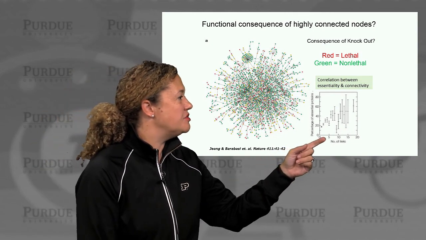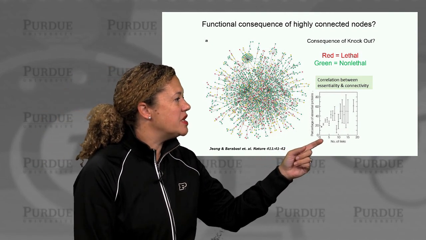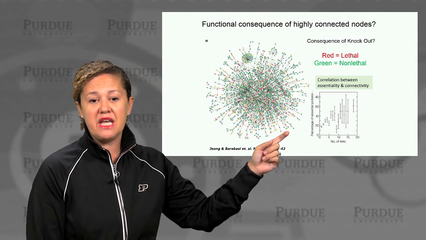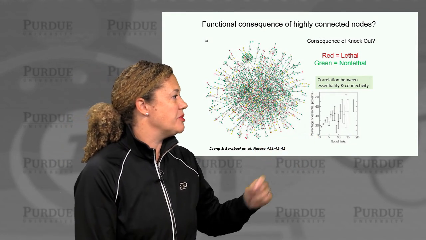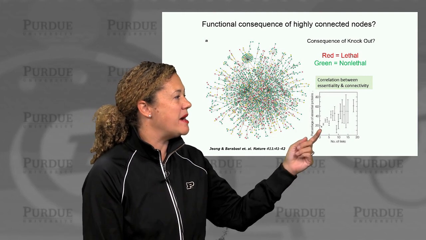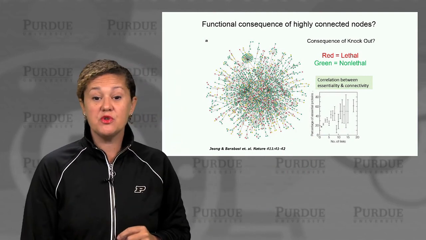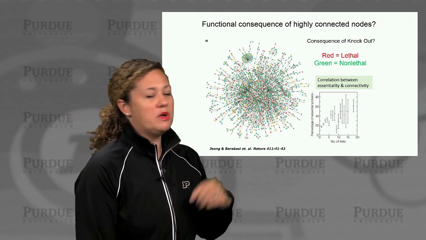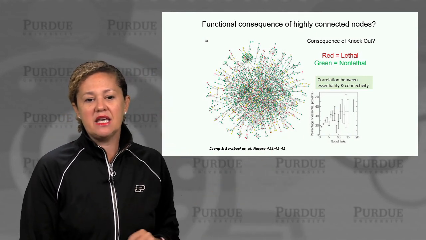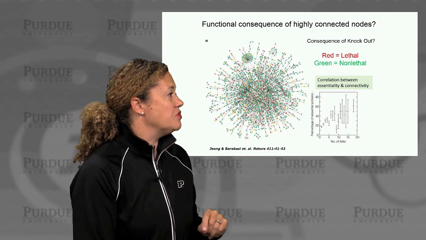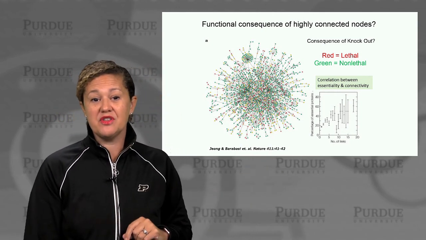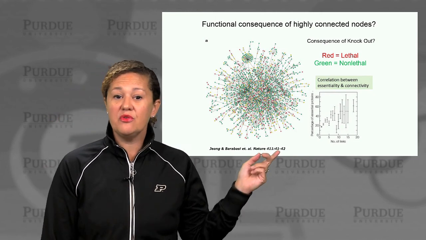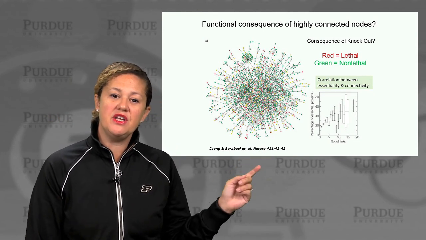As compared to the very low connected nodes, proteins that made very few connections relative to other proteins in the network, about 20% of those proteins were found to be essential. In other words, only 20% of the time did knocking out one of those proteins result in a lethal impact for the cell. So there's functional consequence, therefore, of the connectivity of the nodes.